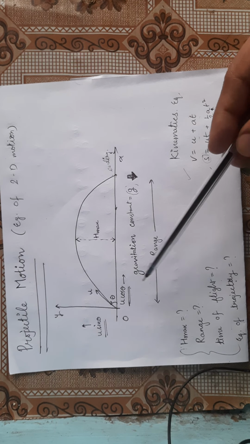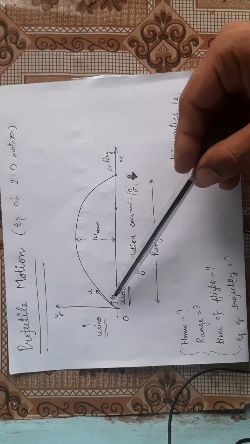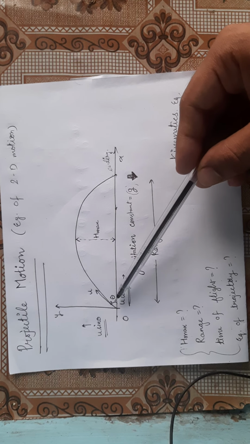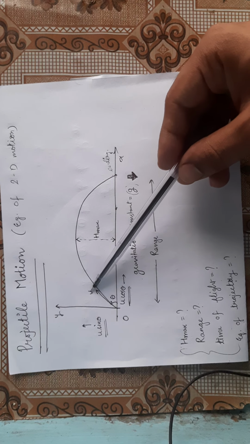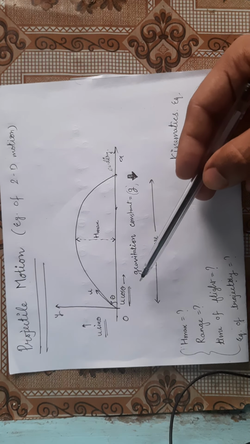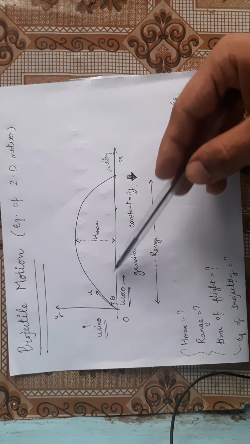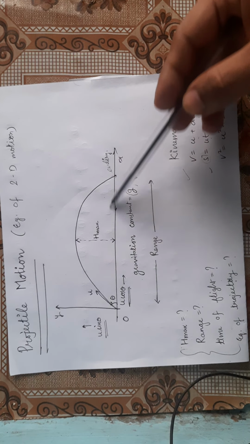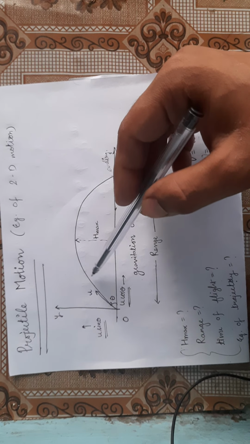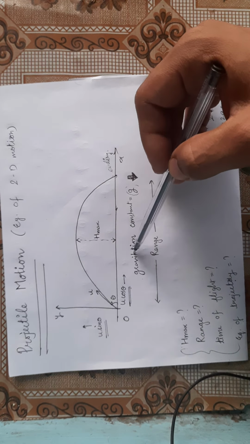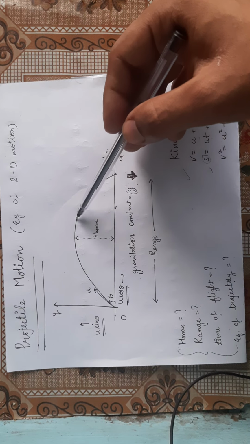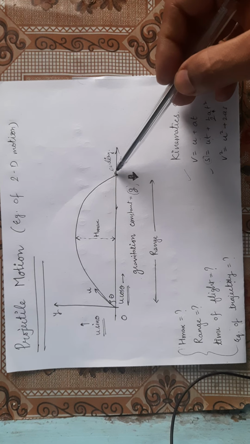Here we throw a particle from the origin with initial velocity u in a direction making an angle theta with the horizontal surface of the earth, and after some time, due to gravitational force, it traces a curved path like a parabola.